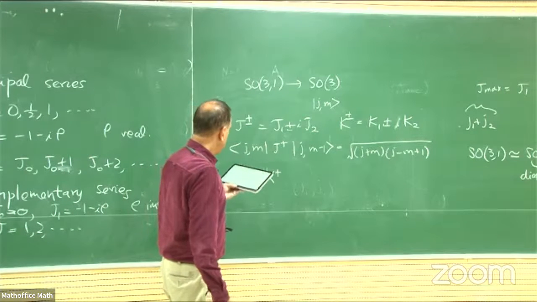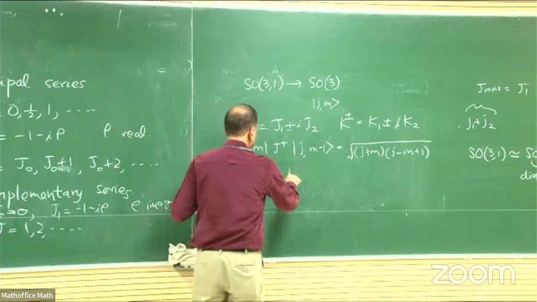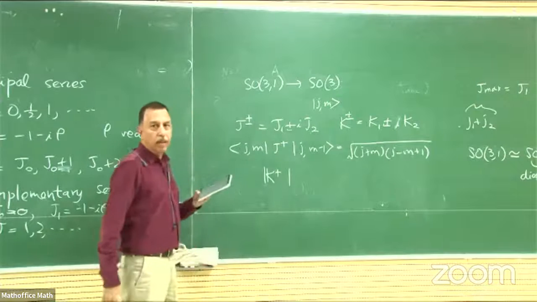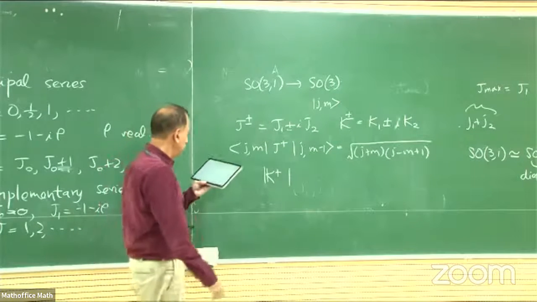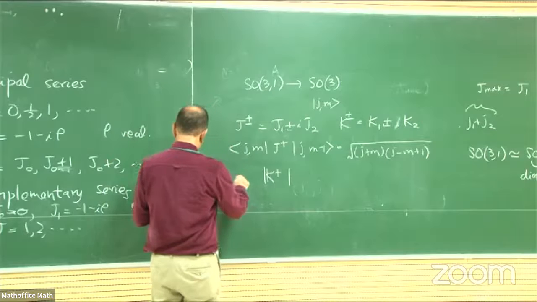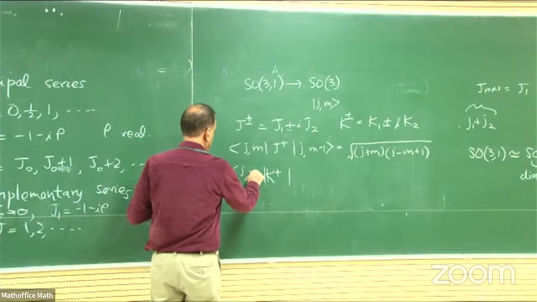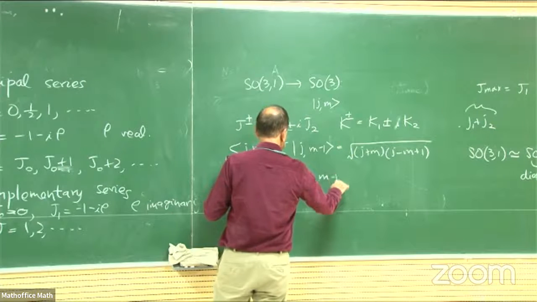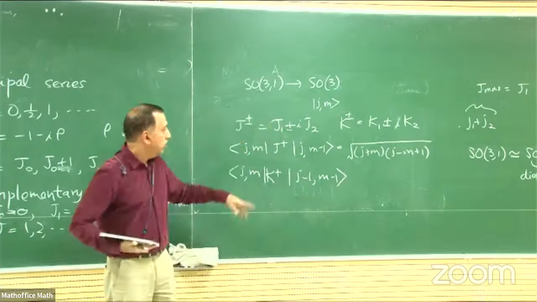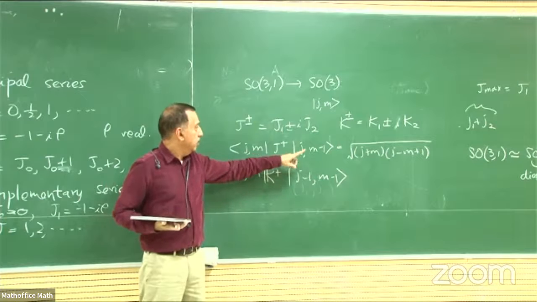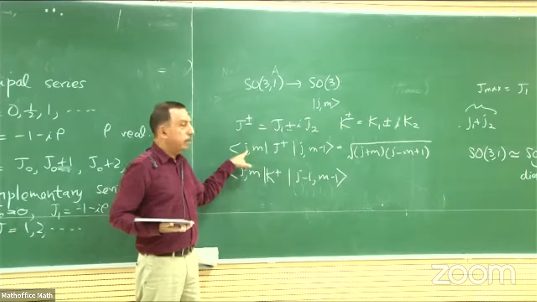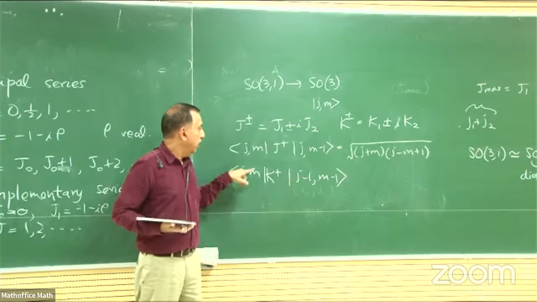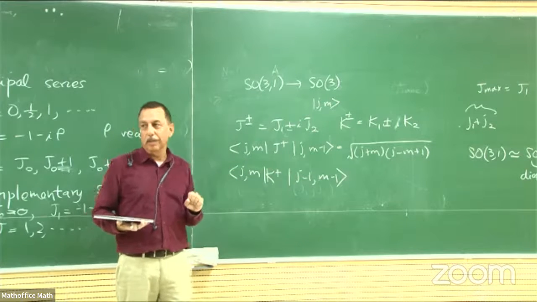So it's a vector, and that alone is enough to fix the matrix elements up to a function overall, depending only on J. So you have relations like J, M, K plus. Now, a general vector operator can cause transitions between different J's. Capital J only connects the same J, but K can connect J minus 1 to J, or J to J minus 1, or J to J. Three possibilities exist.